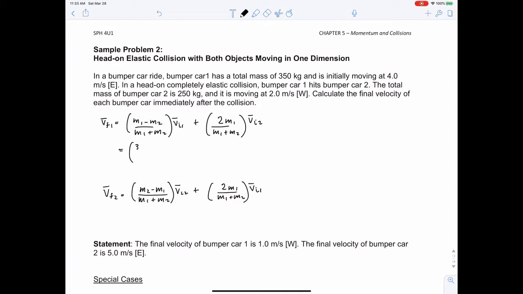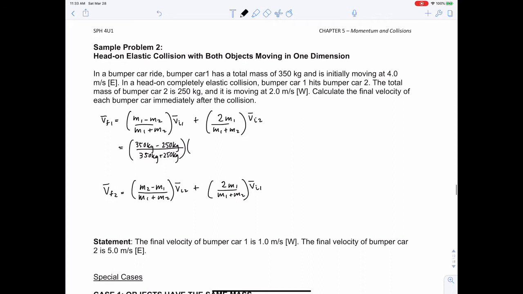Let's sub in these values. We have 350 kilograms minus 250 kilograms divided by 350 plus 250 kilograms multiplied by initial velocity, and include direction. In this case, it's 4.0 meters per second east, plus.